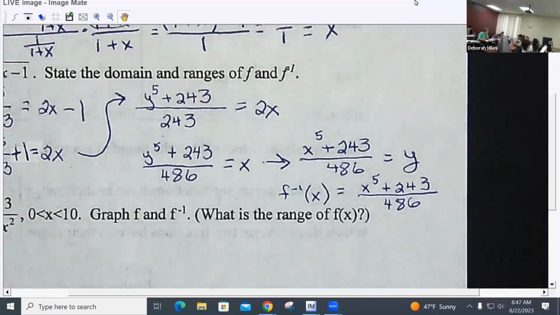You could separate that into two fractions and just have x to the fifth over 486 plus a half. And that doesn't really sound like what we were coming up with in our head. When we were talking through finding the inverse, we didn't have a 486 in there.